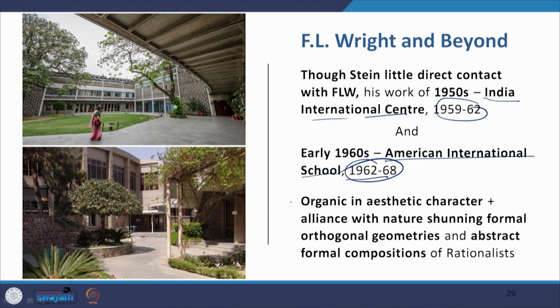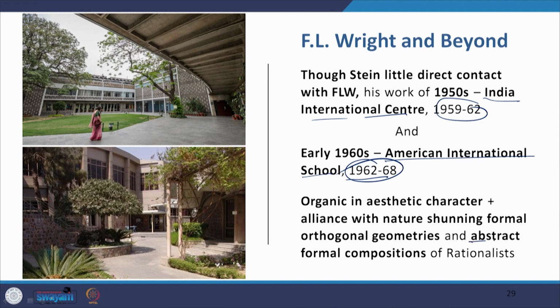There is an organic aesthetic character to these buildings. There is an alliance with nature, and at the same time he shuns the formal orthogonal geometries of modernist architecture. They are there, we will see that in IIC, but he breaks that orthogonal geometry.